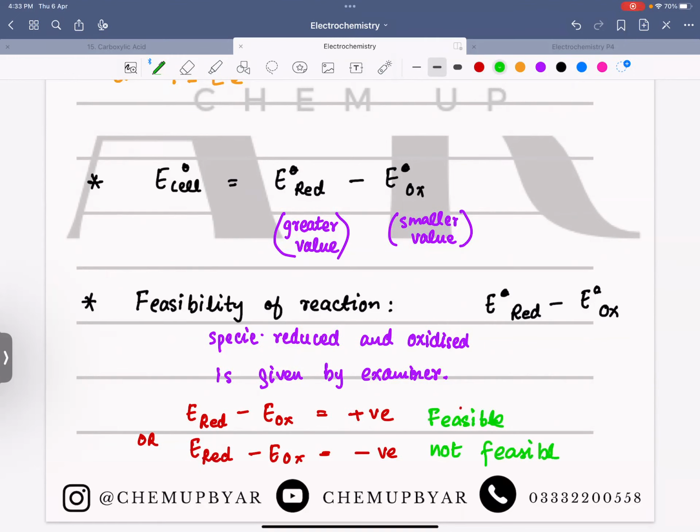But when I am finding the E naught cell, I always get a positive answer, because I choose the half equations very carefully depending upon the values. When I have to find the feasibility, I do not choose which is going to be reduced and which is going to be oxidized. That is always provided by the examiner. On that condition, if I get a positive answer, the reaction is feasible, and if I get a negative answer, the reaction is not feasible. Is this understandable?